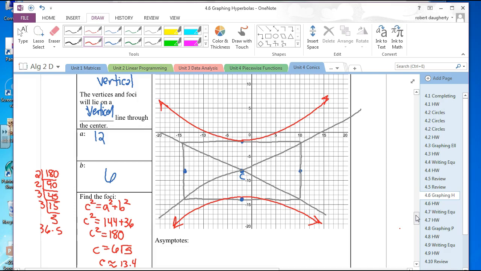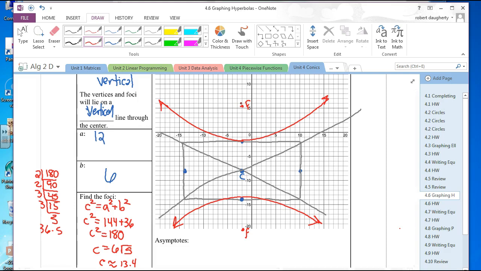So somewhere up in here is going to be a focal point. And then this is at negative 8. Negative 8 minus 13-ish is going to be what? Negative 21-ish, so somewhere down in this area right here. So I'm not too hung up on whether it was right here or right here, but I do want to know exactly what those points are.